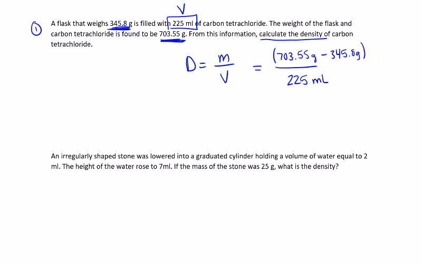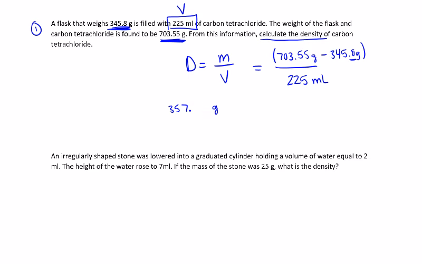Okay, so first off, 703.55 minus 345.8 gives us 357.75 grams. We care about sig figs because we're chemistry students. So because this is a subtraction problem, I'm only going to have one decimal place.